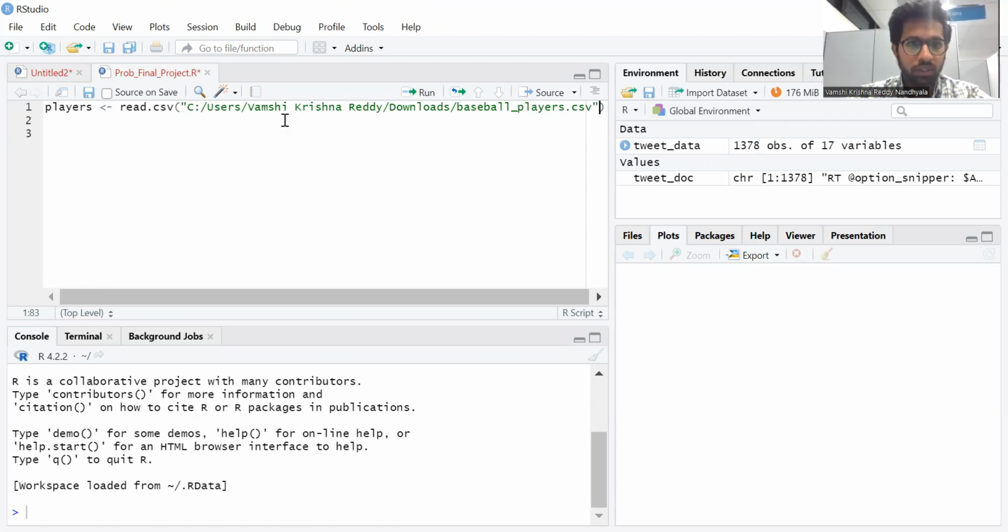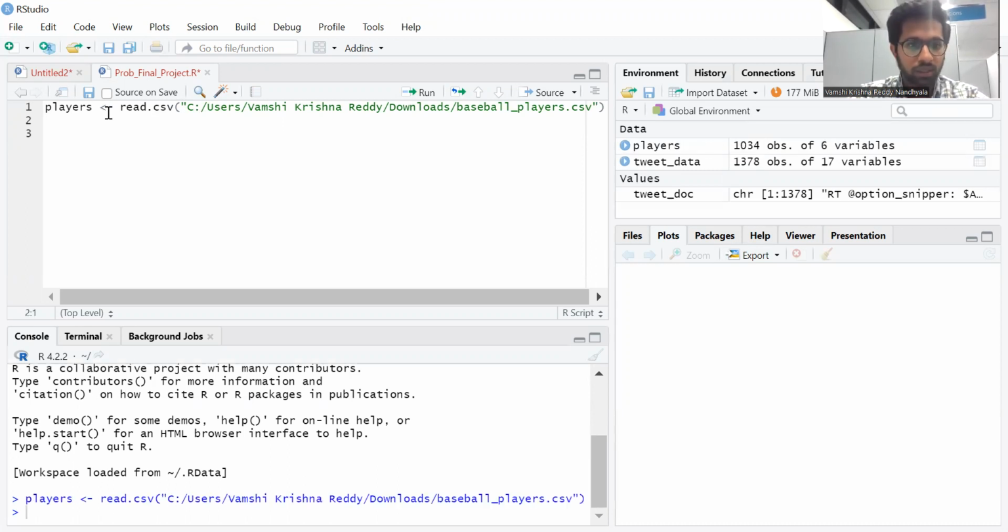Let us run this command, players. Here you could see that we have 1034 observations of six variables.